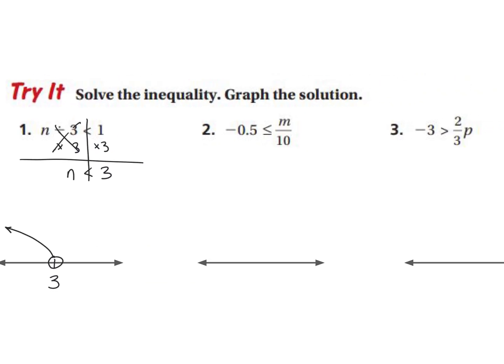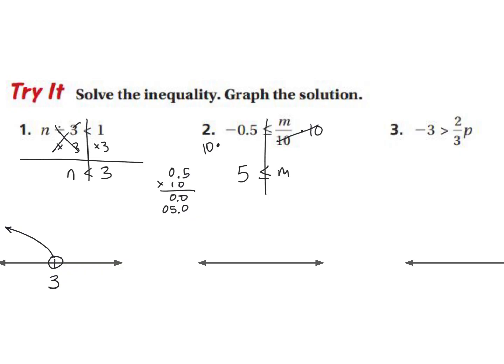For number 2, I see m is being divided by 10, or m is over 10 in a fraction. To get rid of that, I'm going to multiply both sides by 10. Okay, multiply by 10 over here. What does that do for me? These cancel out. I'm left with m. And on the left-hand side, I have 10 times -0.5. If I go and do that, times 10, well, I get 0, 0, and then I get 5.